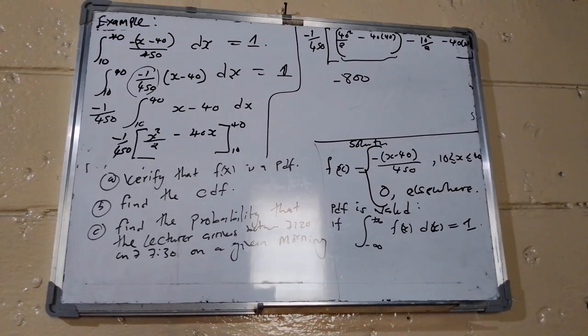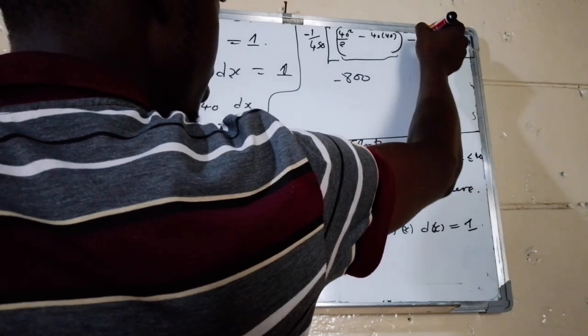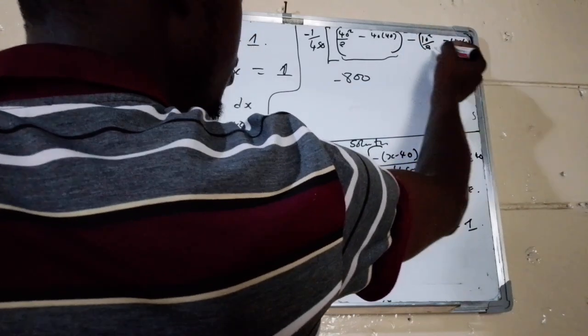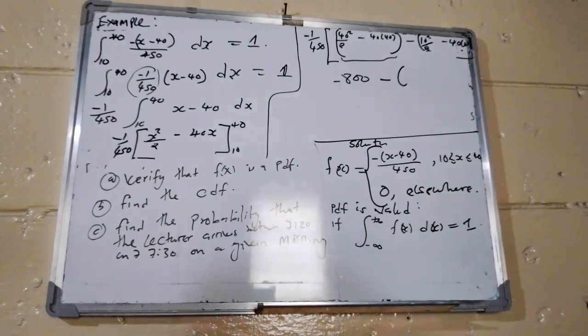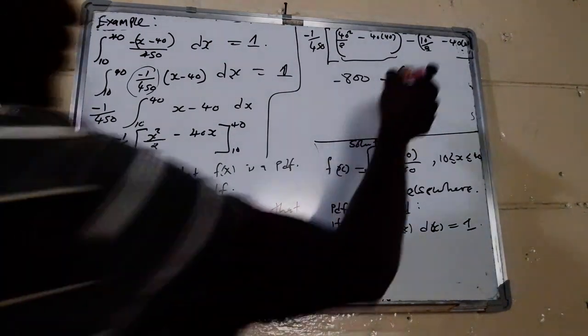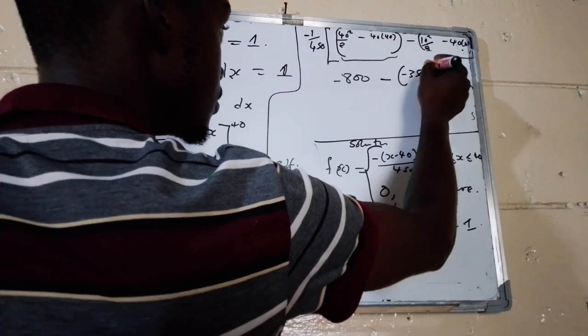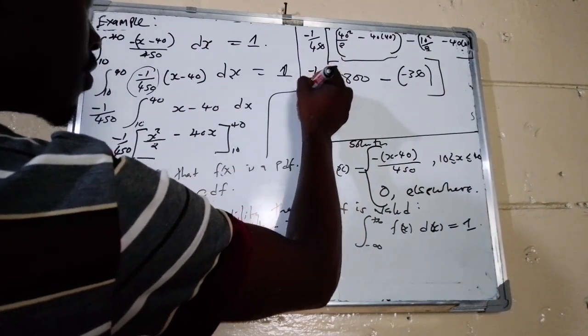You can confirm. And then this side, remember this is minus in between the brackets. So minus the outcome when we replace 10, and the outcome when we replace 10 is negative 350. And outside we still have the constant negative 1 over 450.